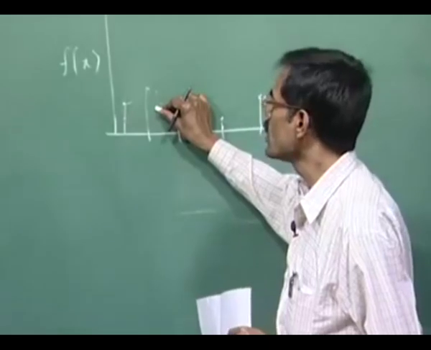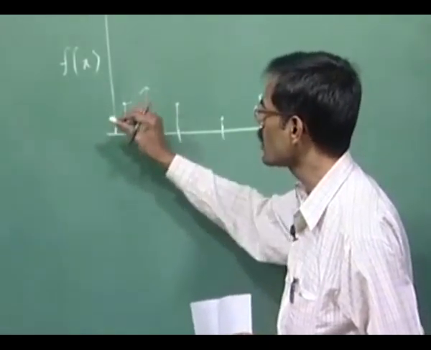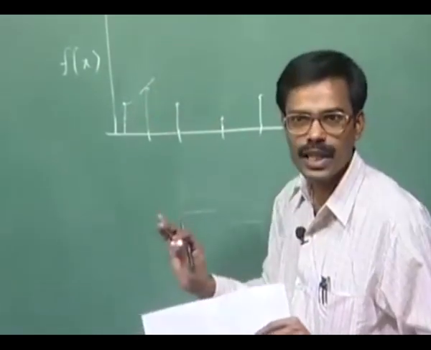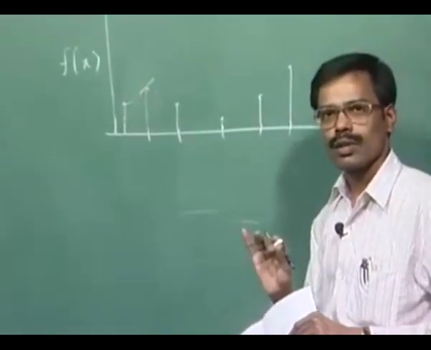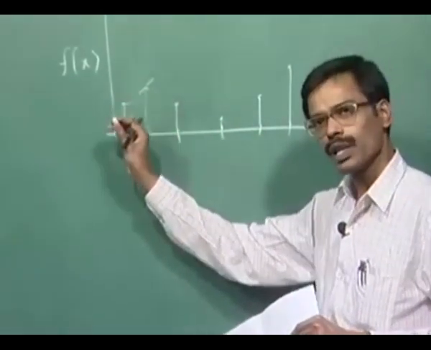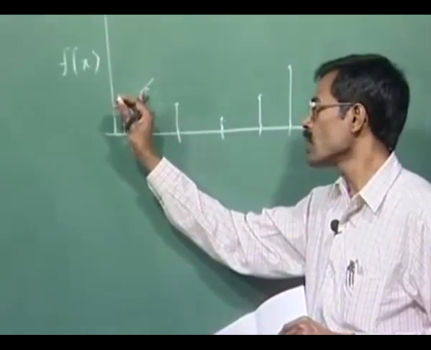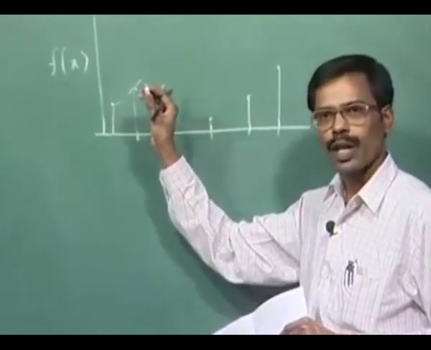All that we need is that the derivative at this point from this segment and the derivative at this point from this segment should be equal. That means the derivative value we are not concerned about, but derivative continuity we are concerned about. So when we ask for derivative continuity at this point, we are actually specifying only one condition.